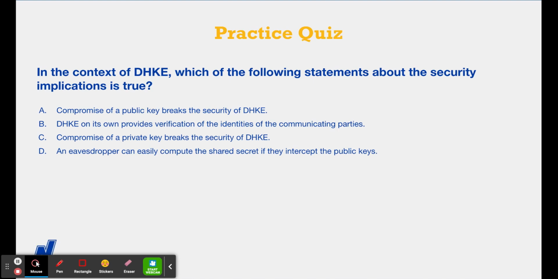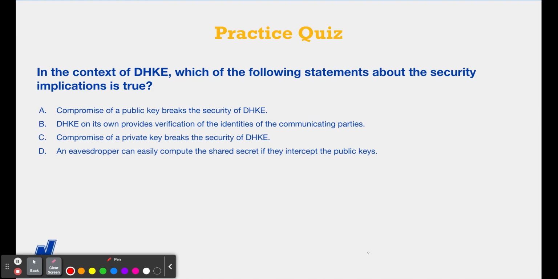So the answer for this one is, let me get a pen, C. If a private key is compromised in DHKE, the shared secret could be calculated, thus breaking the security. DHKE does not provide identity verification on its own.